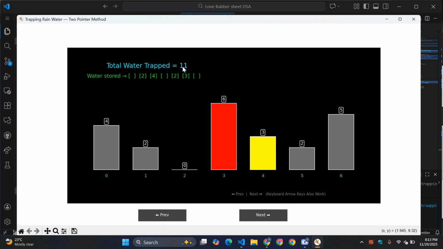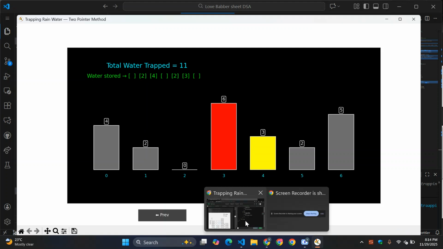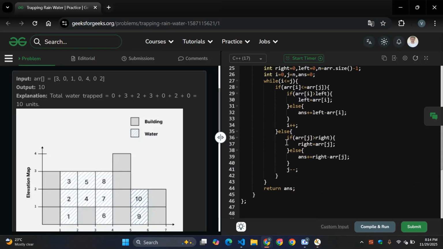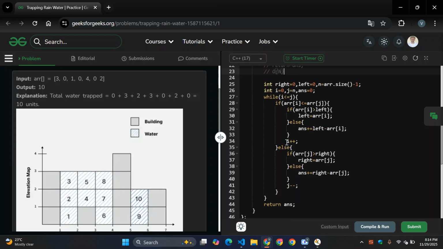So what I did here is I am just considering this: if the left boundary is less than its right boundary, then we just increment this index. And at each index we just subtract the current value from the maximum value. It's so simple, nothing too difficult. We have to just do a simple thing.